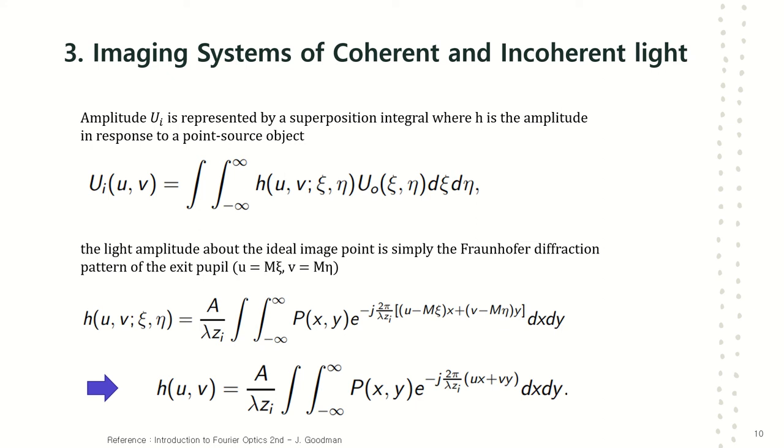And the light amplitude about the ideal image point is simply the Fraunhofer diffraction pattern of the exit pupil. So the point spread function h can be represented as the last equation by replacing mξ and nη with u and v.